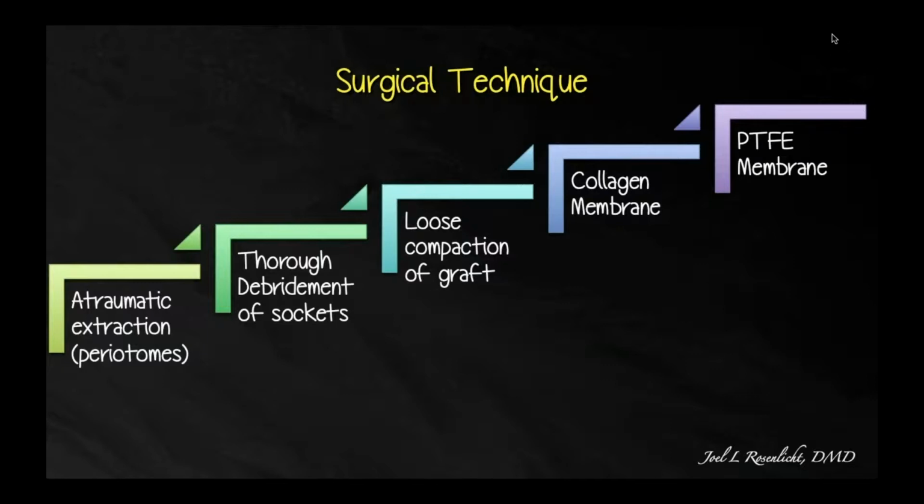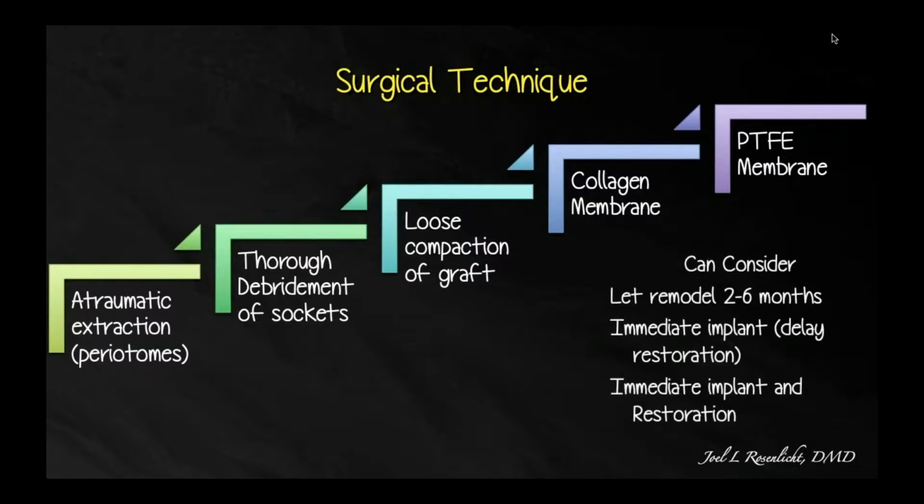I like to cover the top of the graft with a collagen membrane. I think it gives me a little bit of a thicker gingival response. Then over that collagen membrane, I place a TefGen membrane, which we'll show you in a second, just to really isolate the underlying graft and collagen from saliva and any kind of bacteria or trauma as the patient heals.